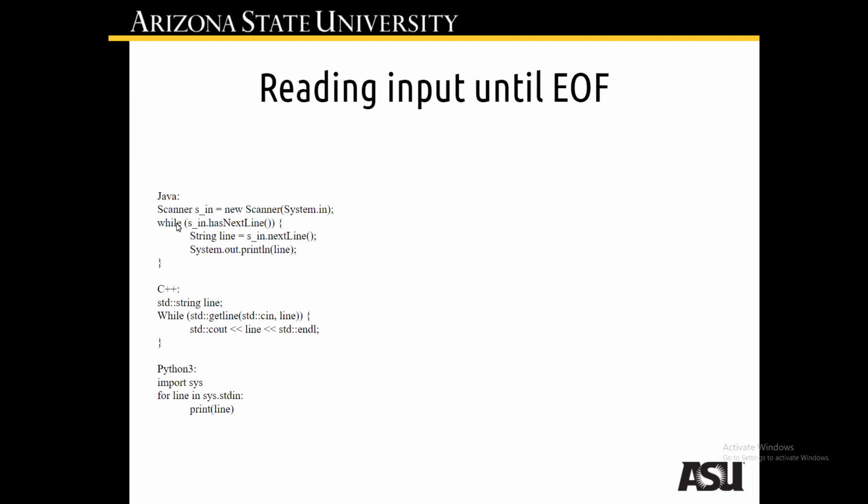One of the ways is you can have a scanner object, and in a while loop have the object check whether there's a next line in the input, then print that line out to the console, and keep looping over and over. Once it detects there's no next line, or the end of file, it'll break that loop and your program will be finished.